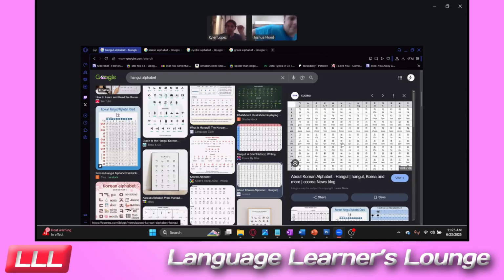The traditional writing style for Korean usually sticks to left to right, but as far as reading the characters, you have to go left to right, top to bottom.